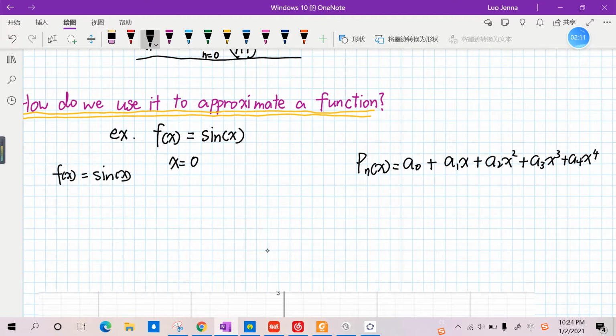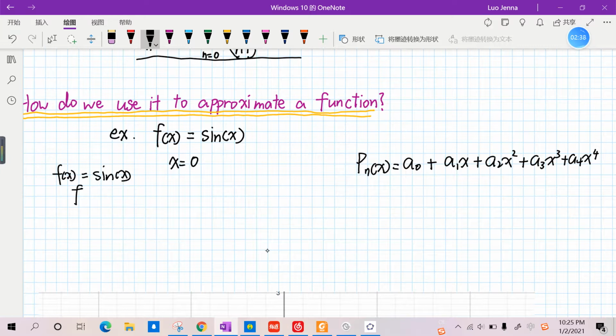In this polynomial, each term corresponds to a derivative of sine x. So a0 corresponds to the zeroth order derivative of sine x, and a1x corresponds to the first derivative of sine x, and so on.